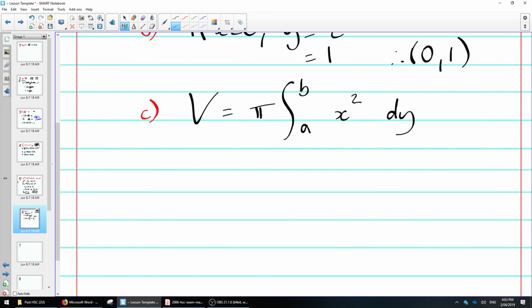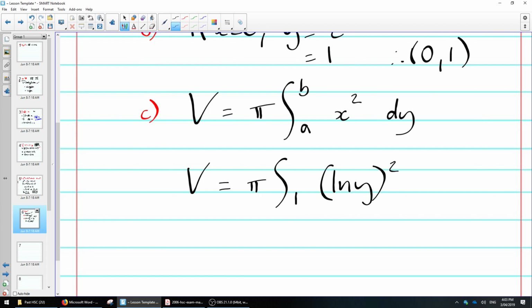So from here, first of all, we have pi. What's that one down there? We just found it: 1. It's not 0, it's 1. It's above 0. What was x when it was the subject? It's ln y. So x squared is just (ln y) squared.